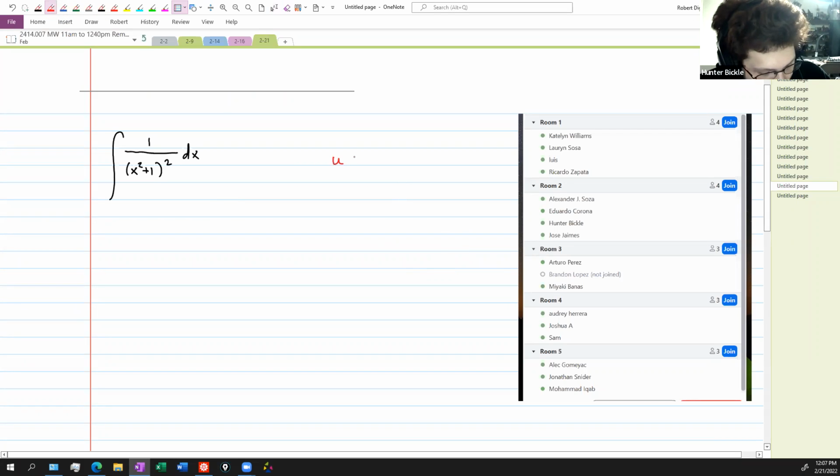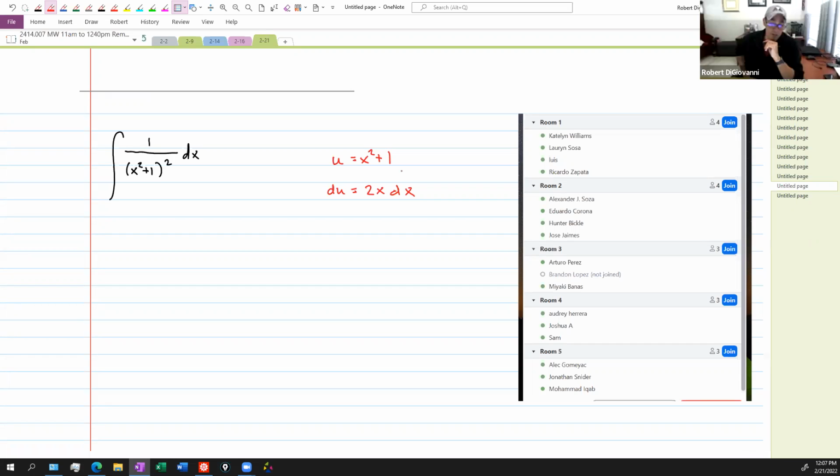And then I thought, well, what if I multiplied the whole thing over x by x over x? And then I could factor an x in at the beginning on top. I could multiply that in. So I'd have 2x over x squared plus 1 squared, which I could U sub.